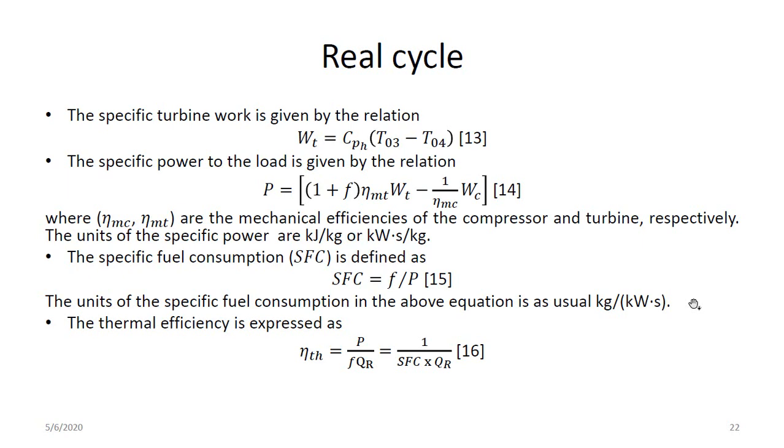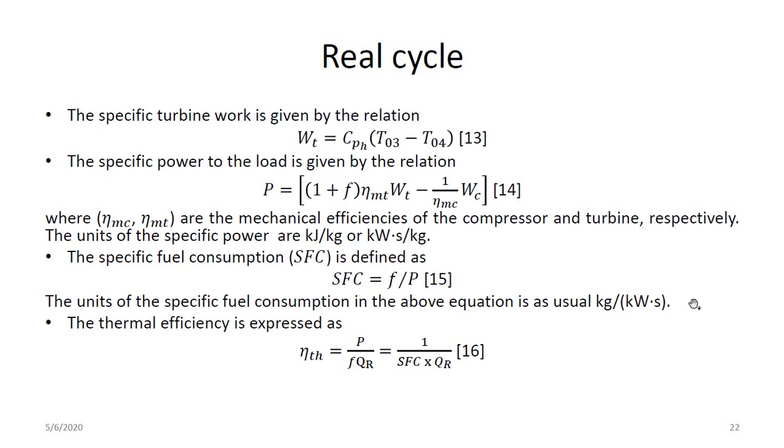Then whatever power remains is the one that is available to drive the load. So the power available to drive the load is given by equation 14. And this is the specific power with units kilojoules per kg or kilowatt second per kg.